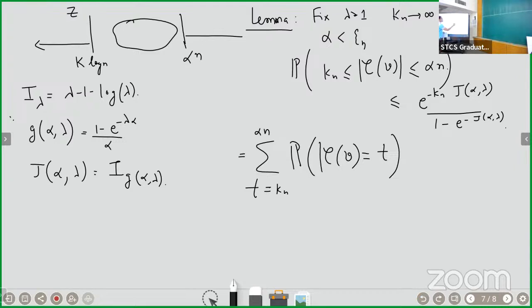We have seen that this is equal to something with respect to S_t. When is it exactly equal to t? When that process is terminated, that is, S_t equal to 0.